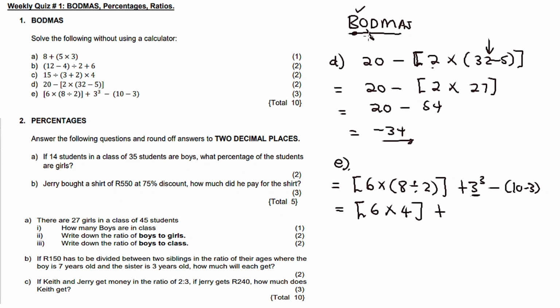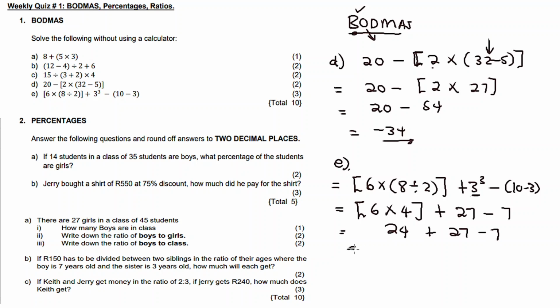I can do the exponent as well, it's isolated from the brackets, right? So this gives us a 27, minus a 10 minus a 3 gives us what? A 7. I'm solving for the bracket. In the process, I'm solving the exponent as well, right? It's isolated. So 6 times 4, isn't this a 24? Yes.